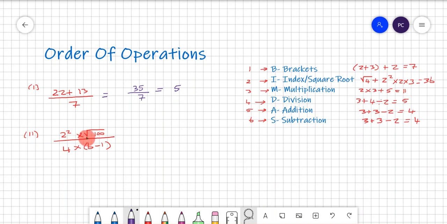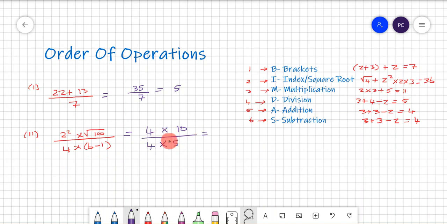Now if we look at this one, this is a really good example of using BIMDAS. Again, what do we have to do? We have to do the top and the bottom parts first, and then we divide the two parts. So if we take the top part, 2 to the power of 2 is 2 multiplied by 2, which is 4, multiplied by the square root of 100, which is equal to 10, over 4 multiplied by, and we have to do what's inside the brackets first, so 6 minus 1, which is 5.